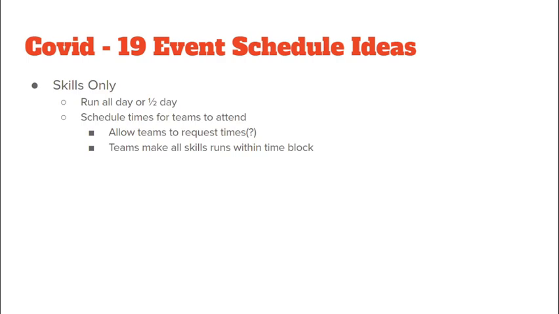Assuming that we're setting up time blocks, this should be a pretty short line. There may only be a small handful of teams that are in line trying to get on the field, so they should have time probably within an hour to get in all their skills runs and do any tweaking that they need to do.